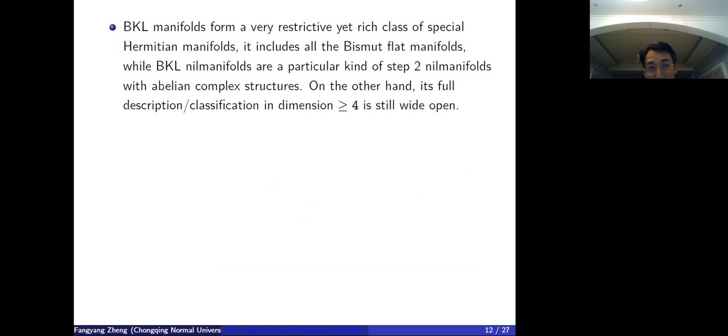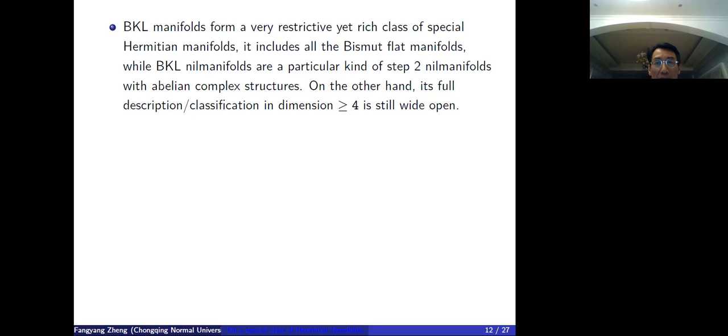That's the Calabi-Eckmann. But not all the complex structures, just the standard one. You cannot twist it. If you twist it, then it's no longer BKL. So BKL manifolds form a highly restrictive class. So in dimension 3, basically our classification theorem says that there's not much, right?